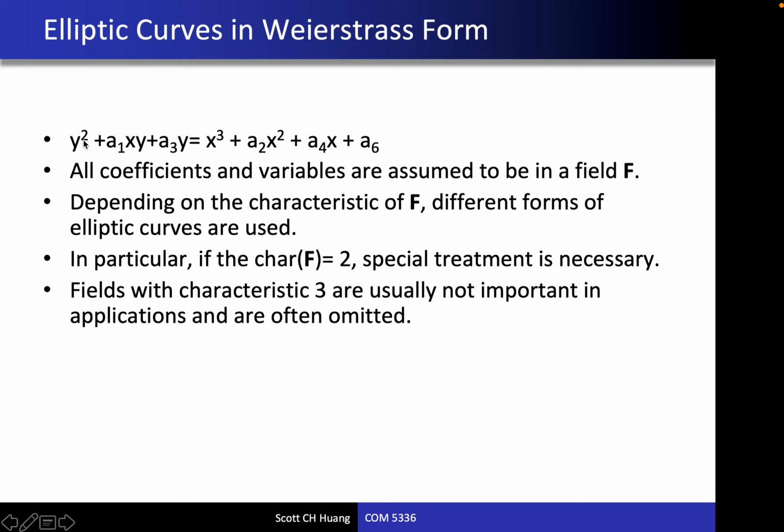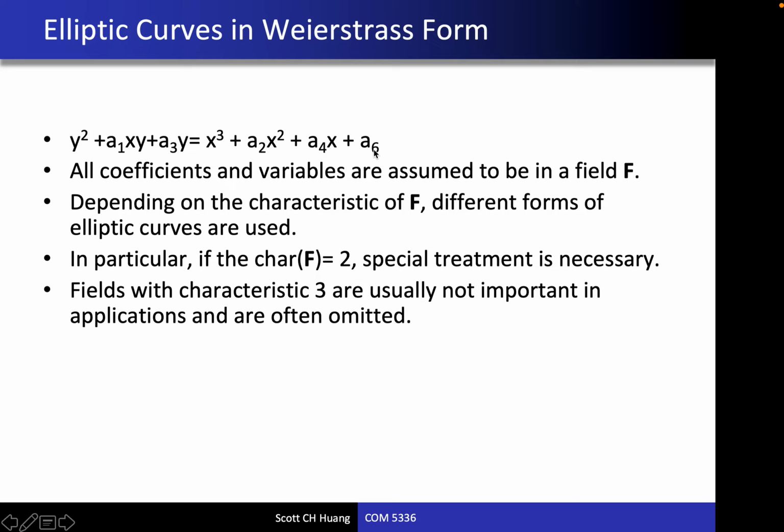So we have y squared plus, we have introduced the cross term xy. In our earlier case, we only have y squared and then x cubed, and then a linear term, and then a constant term. In other words, we only have a4 and a6.